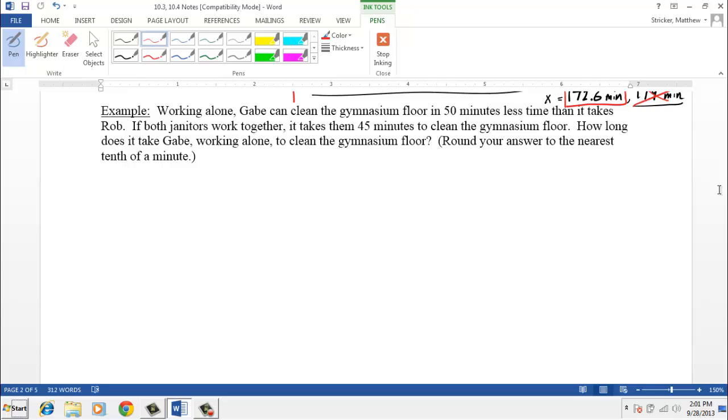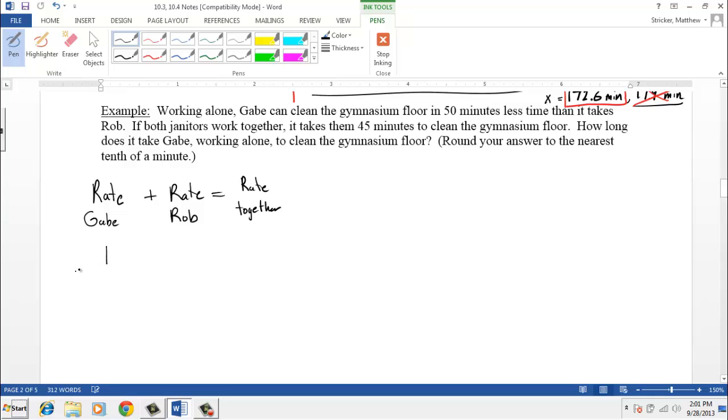And so just like the last one, we're going to take the rate of Gabe and add that to the rate of Rob, which should give us the rate together with both of them working.